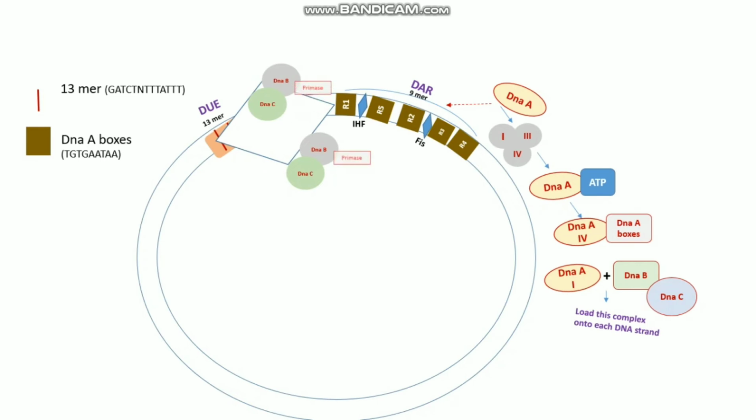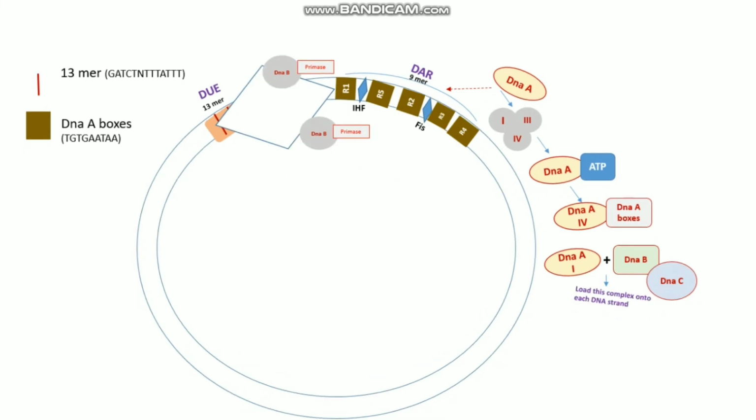So next is the primase, also known as DnaG. It interacts with the N terminal of DnaB. This primase is required for primer synthesis. So next step, the primase synthesizes a primer on both strands, the upper strand and the lower strand.